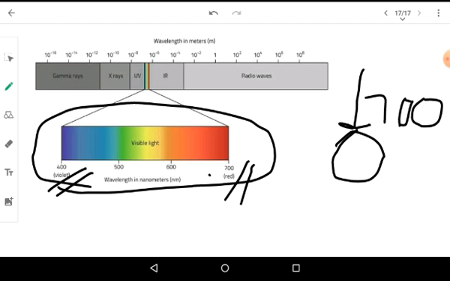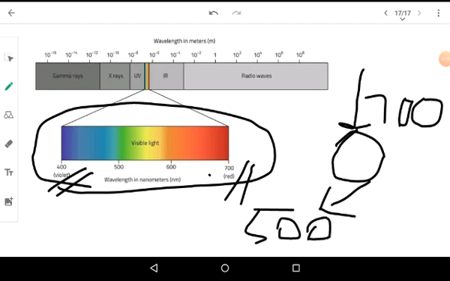But now if I have a device that can make this ball change its reflecting wavelength to, let's say, 500 nanometers, then this red ball will change to green. So this would be magic.